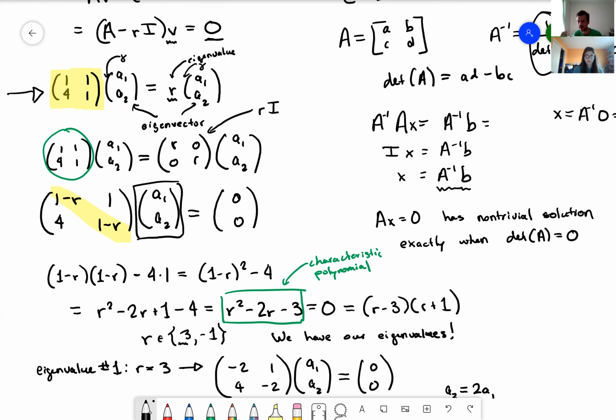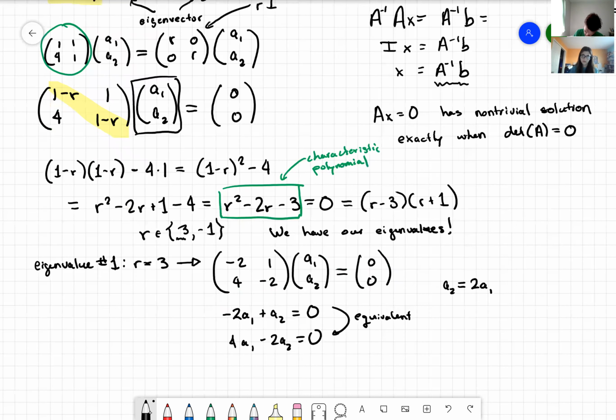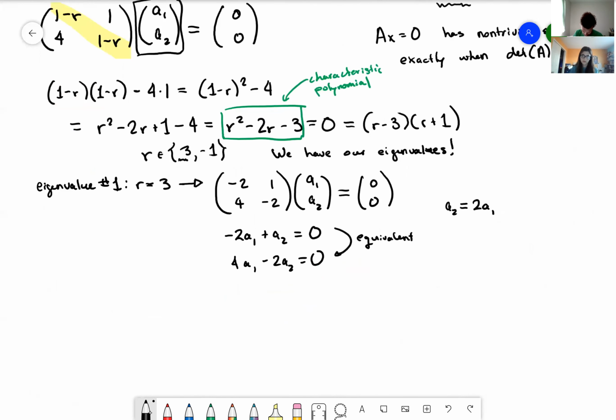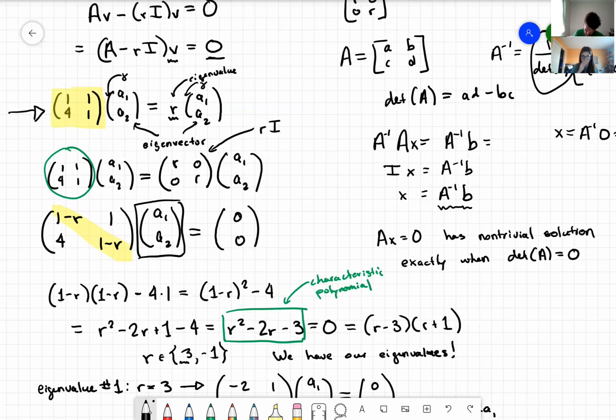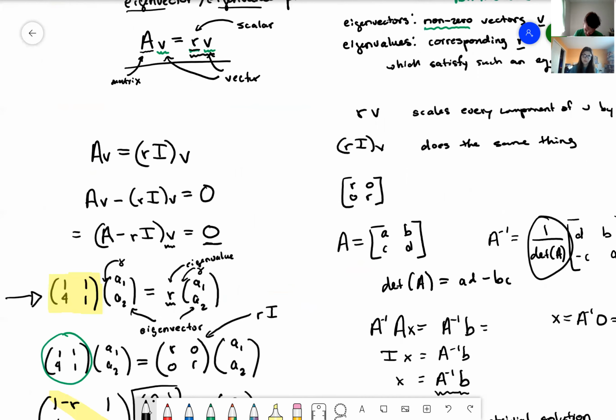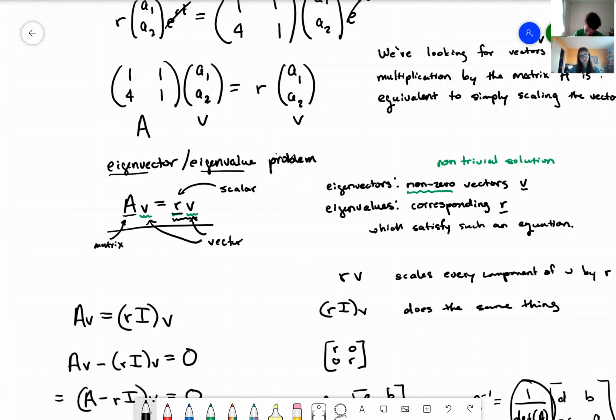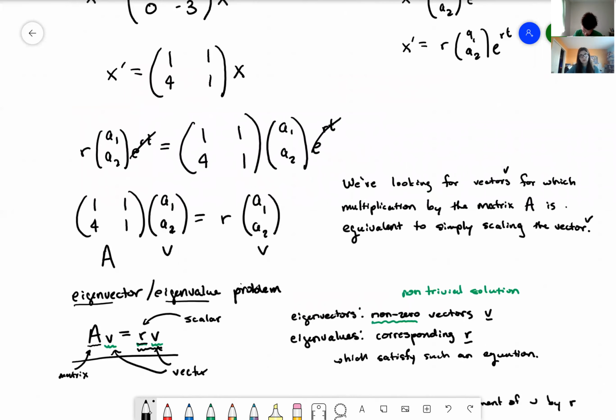So an eigenvector is not unique. We get a particular eigenvalue, but the eigenvector associated with it is not unique. It's up to a scalar multiple, so any scalar multiple. So we just pick one eigenvector, and that's going to be fine because at the end, going back to our previous problem, we know how it's going to end up.